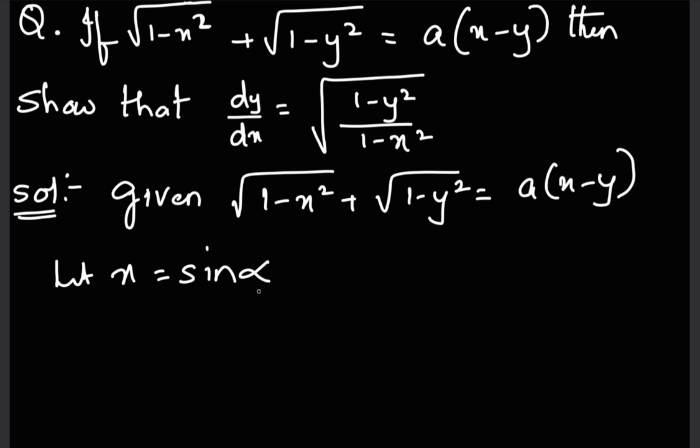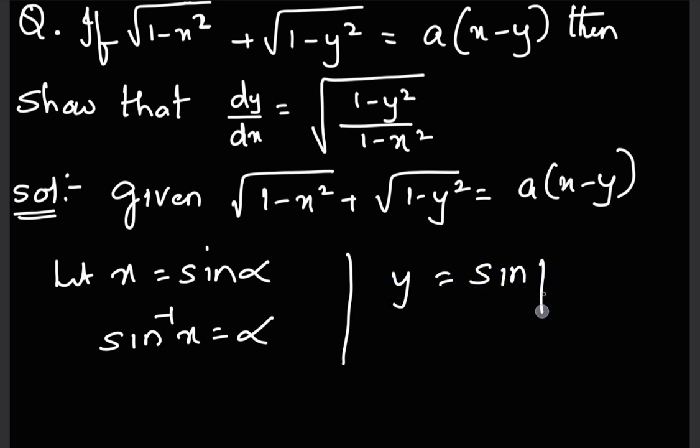In place of x, we are going to substitute sine alpha. Now if we bring the sine over here, it turns out to be sine inverse x is equals to alpha. Similarly, y is equals to sine beta, means wherever you find y you need to substitute sine beta, and if you bring the sine over here, it turns out to be sine inverse y is equals to beta.